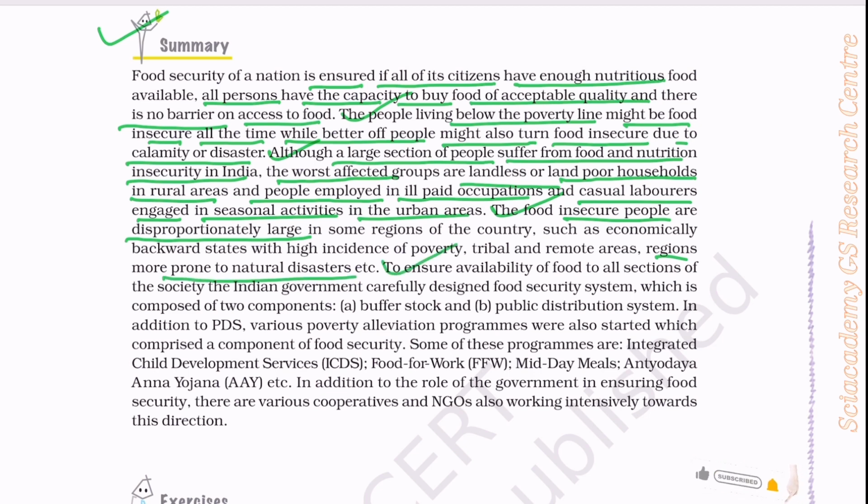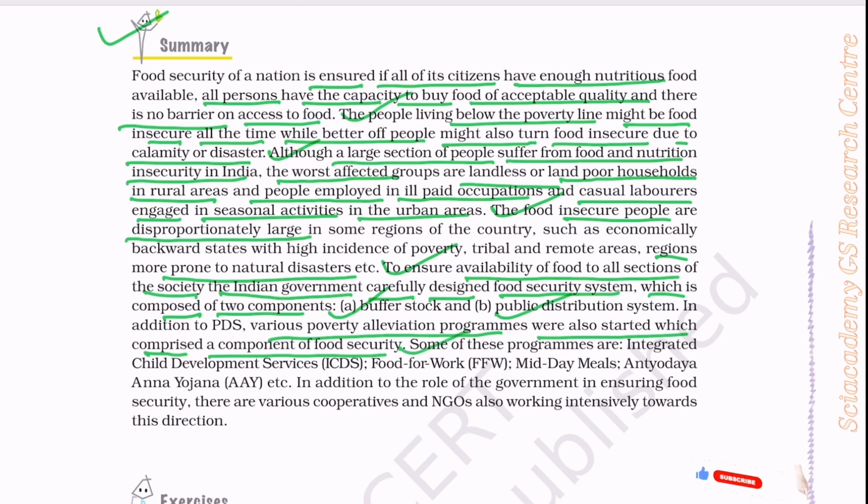To ensure availability of food to all sections of the society, the Indian government carefully designed a food security system, which is composed of two components: first, buffer stock and second, public distribution system. In addition to PDS, various poverty alleviation programs were also started, which comprised a component of food security.